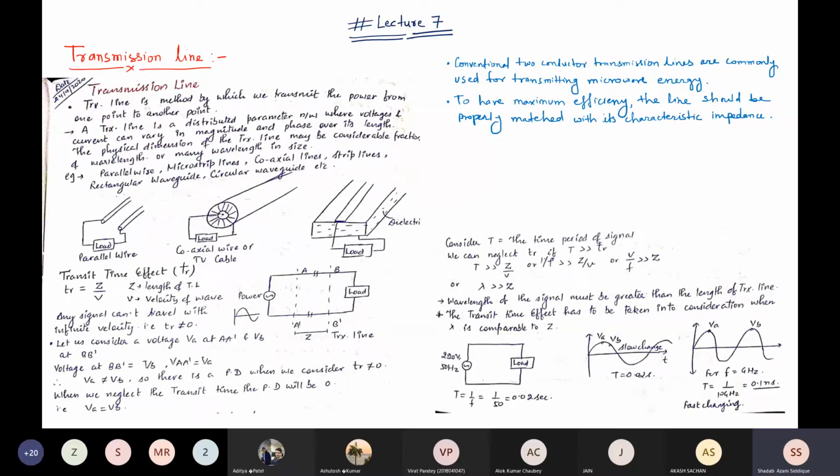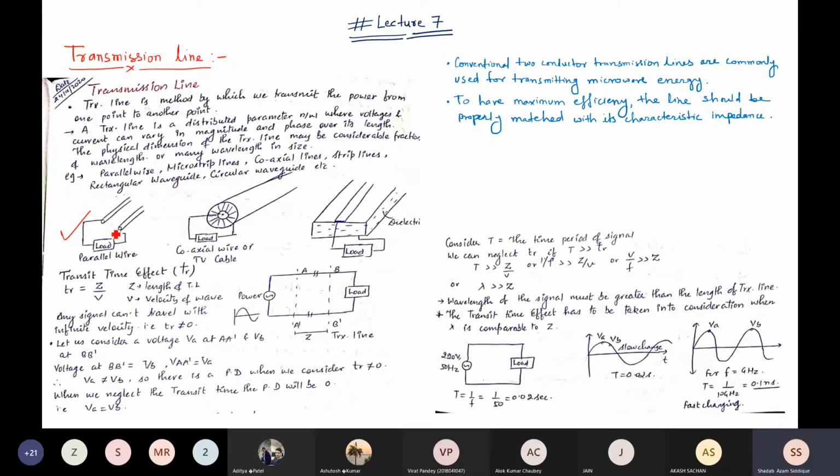But before going to the transit time effect, we have different types of transmission line. Like we have a parallel wire transmission line. In the parallel wire shown here, you can see a twisted two wire, and both wires are in parallel. These two ends will be connected to the load. That is called parallel wire.